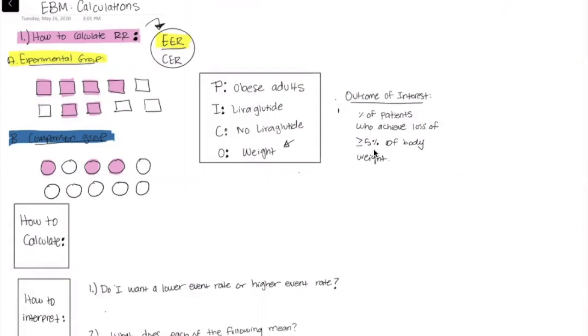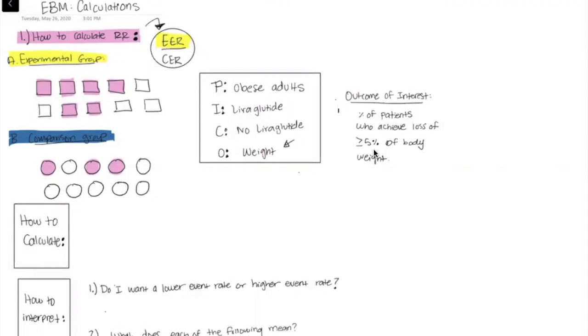So an important question you're going to want to ask yourself before you correctly interpret a risk ratio is, do I want a higher event rate or a lower event rate? In this case, is it better to have a greater number of events, or is it better to have a lower number of events? So let's go through this simple example to highlight what I mean by that.